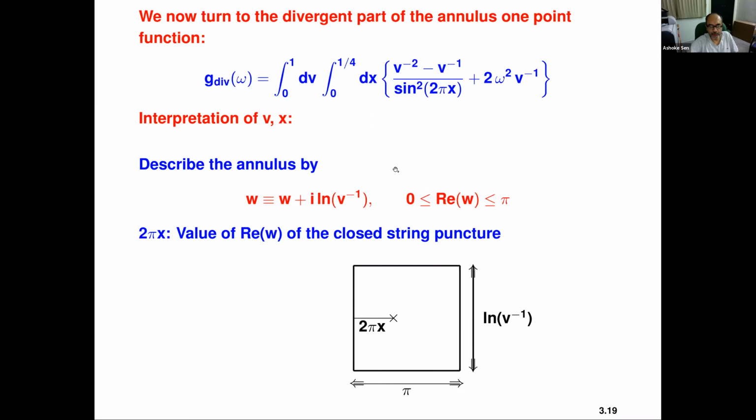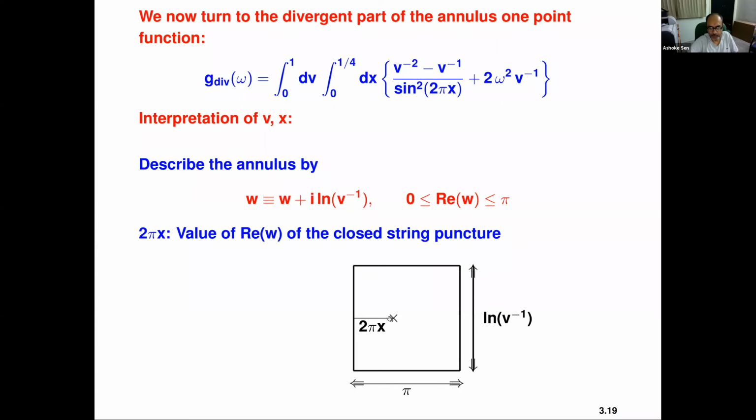So that's the interpretation of V. Log V basically controls this length, once we have normalized this as pi. 2 pi X measures the distance of the closed string vortex operator. Remember, this is a one-point function on the annulus. So 2 pi X is the distance of the closed string vortex operator from the boundary.